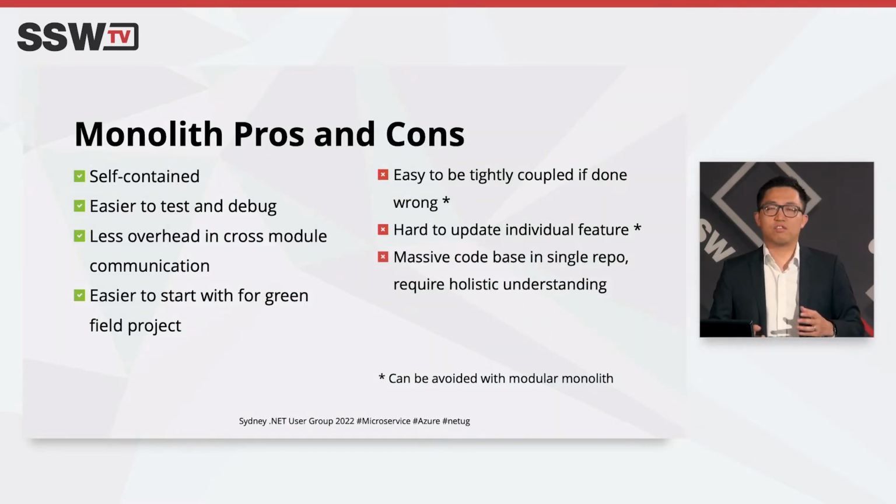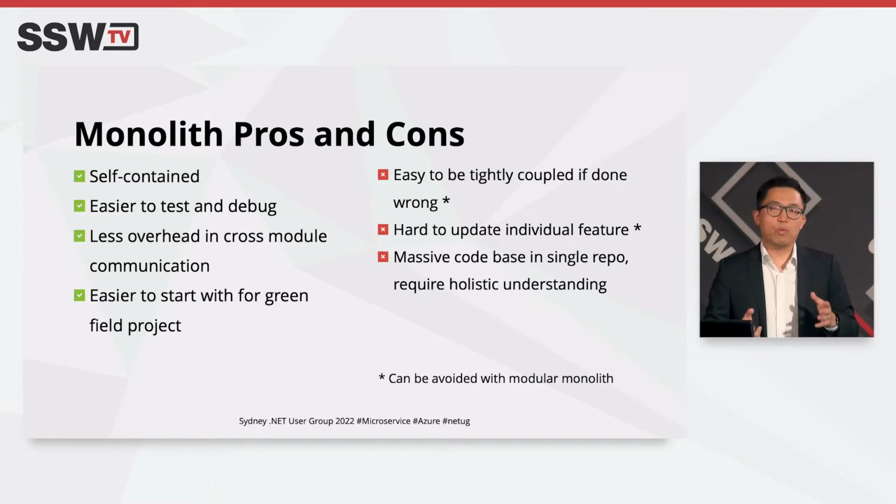The first one is the massive code base in a single repository, because that's the essence of a monolith architecture. What that means is whenever any new developers need to come on board to join the dev team, they need to be trained to understand the entire solution.